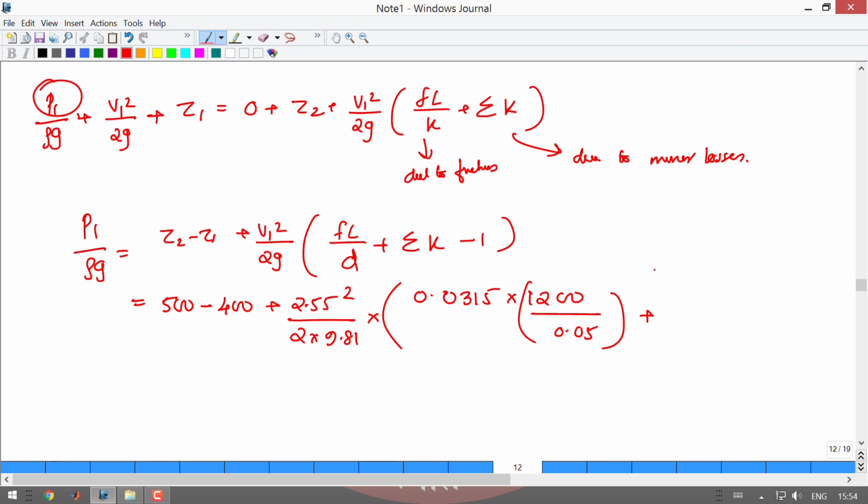So, we take the summation, which is equal to 0.5 for the sharp entrance, plus 2 into 0.2 for the 45 degree elbows, plus 4 into 0.3 for the 90 degree elbows, plus 10 for the open flanged globe valve, plus 1 for the submerged exit.